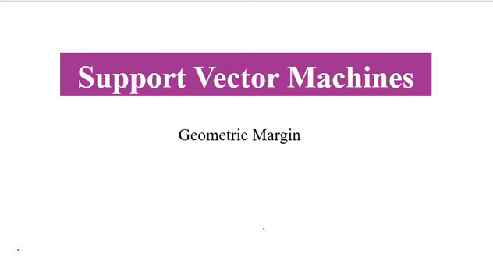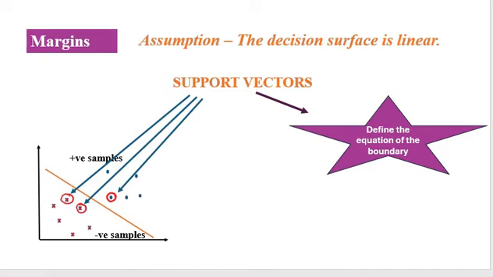Hello, we continue our discussion of support vector machines and in particular the geometric margin. So we have seen that the aim of the SVM is to find margins and the largest gap margins so that the separation between the positive samples and the negative samples is the maximum.